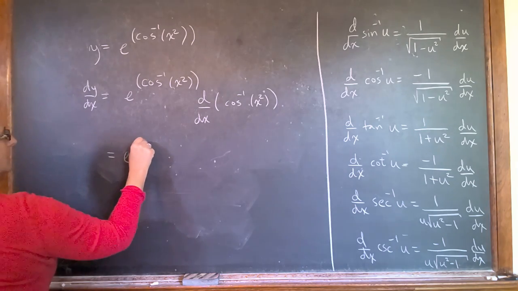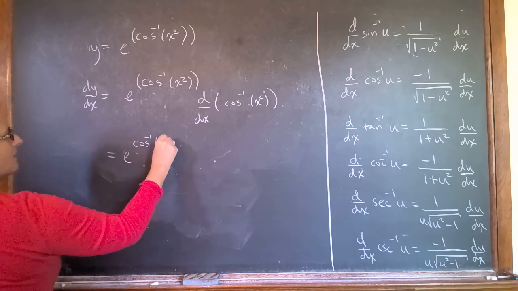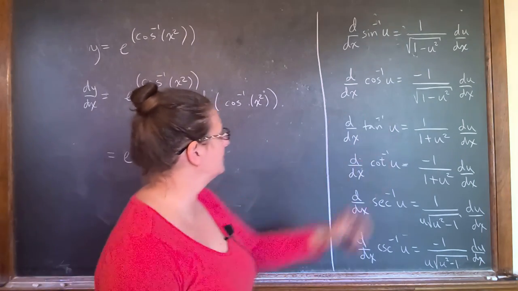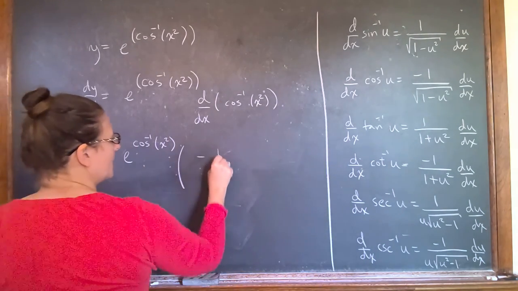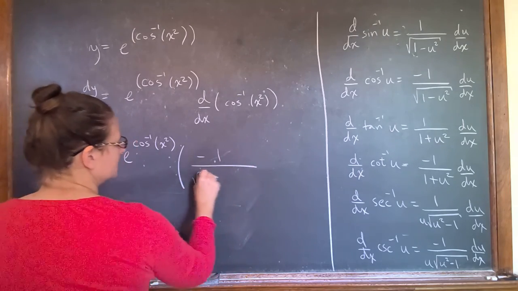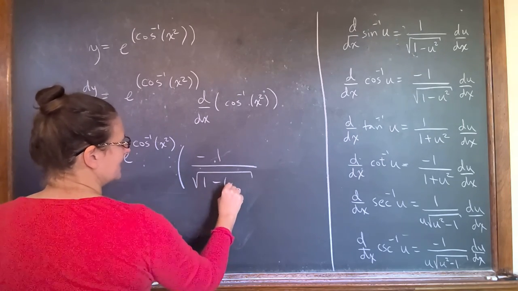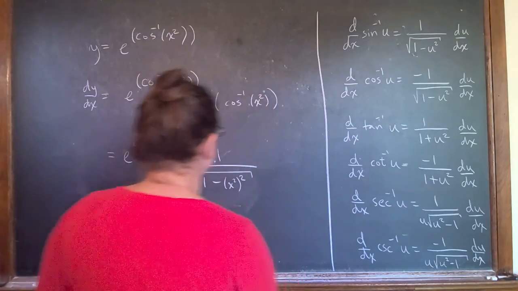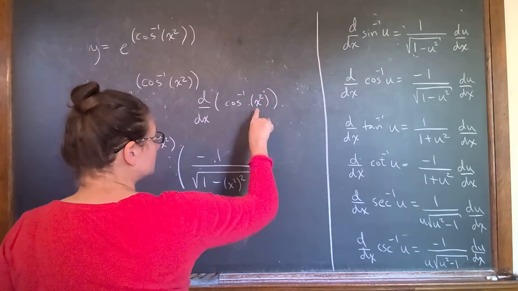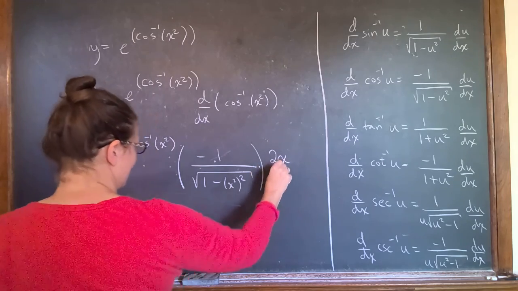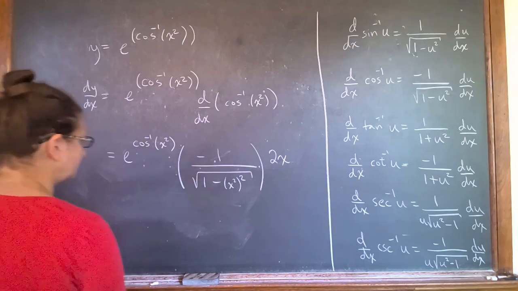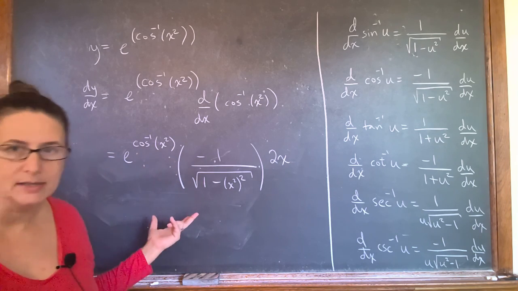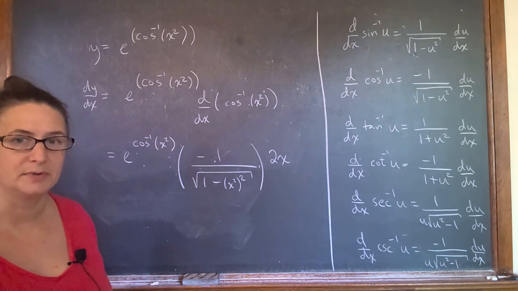So I have e to the inverse cosine of x squared, and then inverse cosine is going to be this guy. So I've got minus 1 over the square root of 1 minus x squared quantity squared, right? Because it's 1 minus u squared. And then times the derivative of what's inside. So I'm not going to write that as a separate step. Okay. And then you can clean this up a little bit, but there's not a whole lot you can do with that.